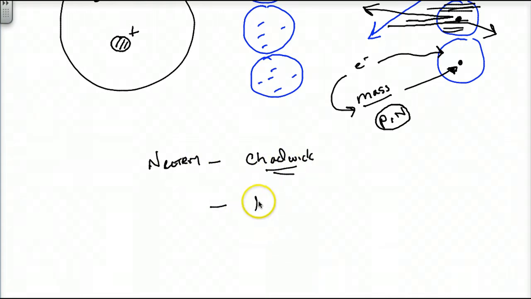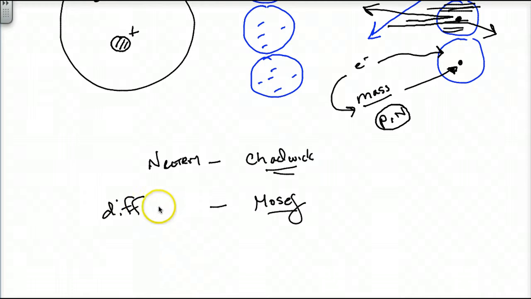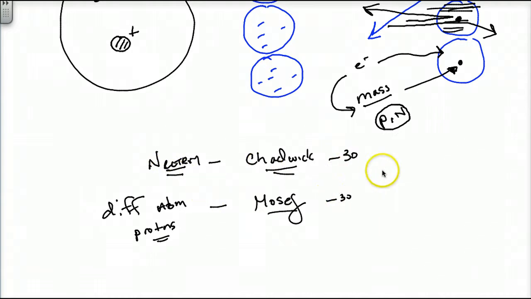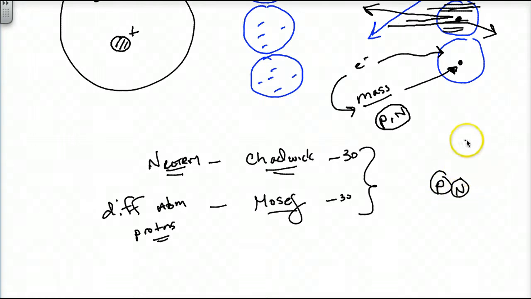And then we have Moseley, who didn't discover protons, but discovered that different atoms had different numbers of protons. Rutherford discovered protons through nuclear equations as well, but Moseley, through X-rays, saw reflected X-rays back in whole number ratios based on the proton number. This is about the 1930s, around the same time. So we were now able to know that protons and neutrons are in the nucleus, and electrons are on the outside.